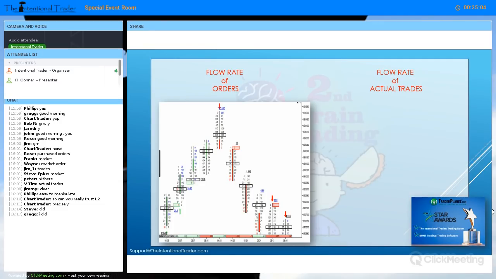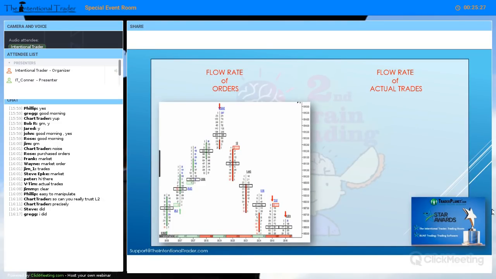But then to have these people jazzing these orders, and they're on and off, and then you have an imbalance, you don't have an imbalance, and then you have an imbalance the other way, all within a half a second. How am I supposed to make decisions with any level of confidence based on what might and may not happen?